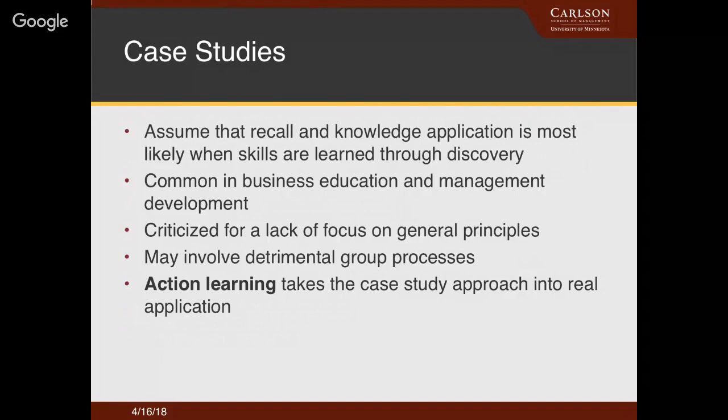One spin-off of case studies that's used in the real work environment is what's called action learning. And this is where you give people case-oriented project work on the job where they can apply skills that they've learned through training or that they need to learn for job performance.